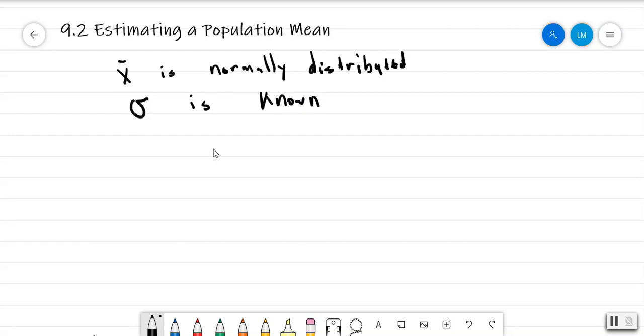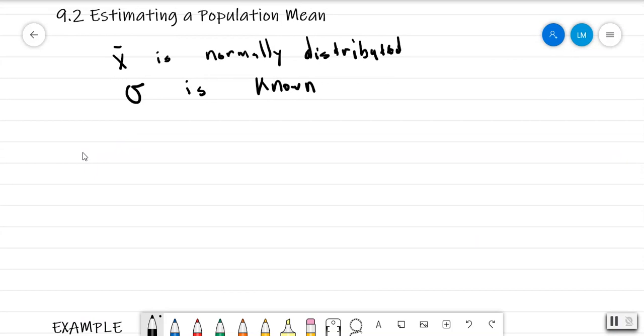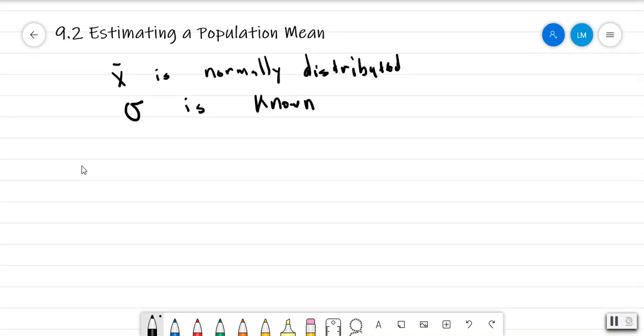Okay, so if we wanted to find, say for example, a confidence interval with this parameter, essentially we would need to use the following.